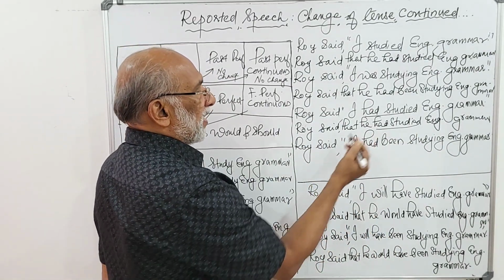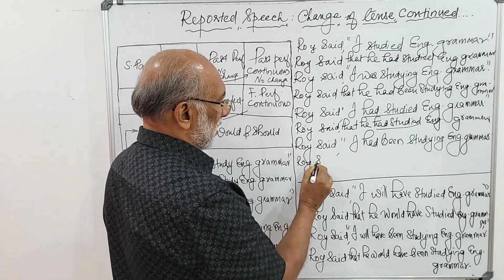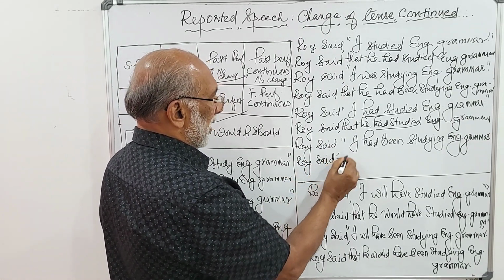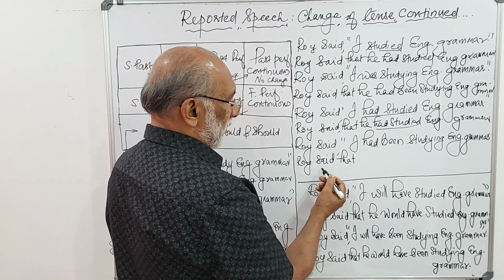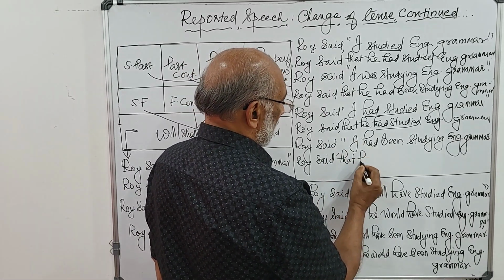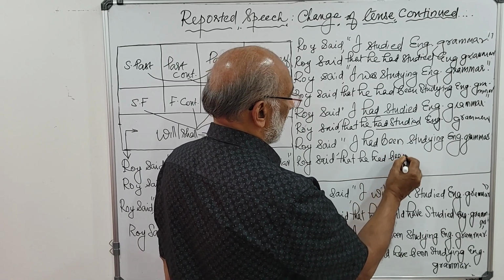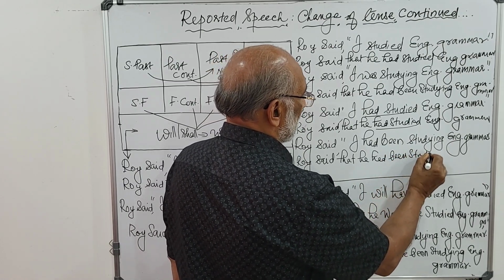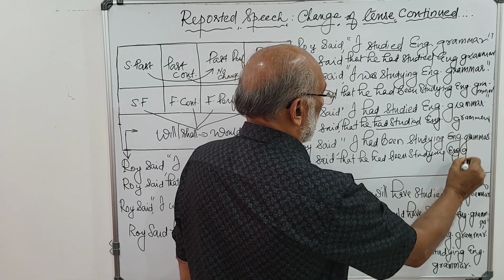And coming to past perfect continuous tense, let's write, Roy said that, inverted commas removed, proper reporting verb is used. Okay, then I becomes he, that he had been studying English grammar.